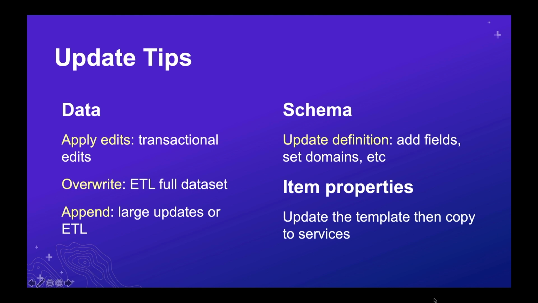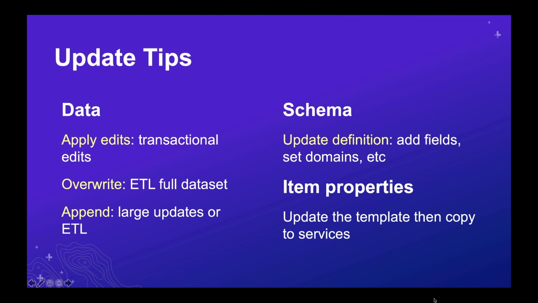One is apply edits, and this sends individual JSON features to an endpoint and is really meant for transactional edits. So it inserts the feature one at a time into the database, for example. So if you have a user in the field that's updating the status of a maintenance request, then apply edits is a really good method for that.